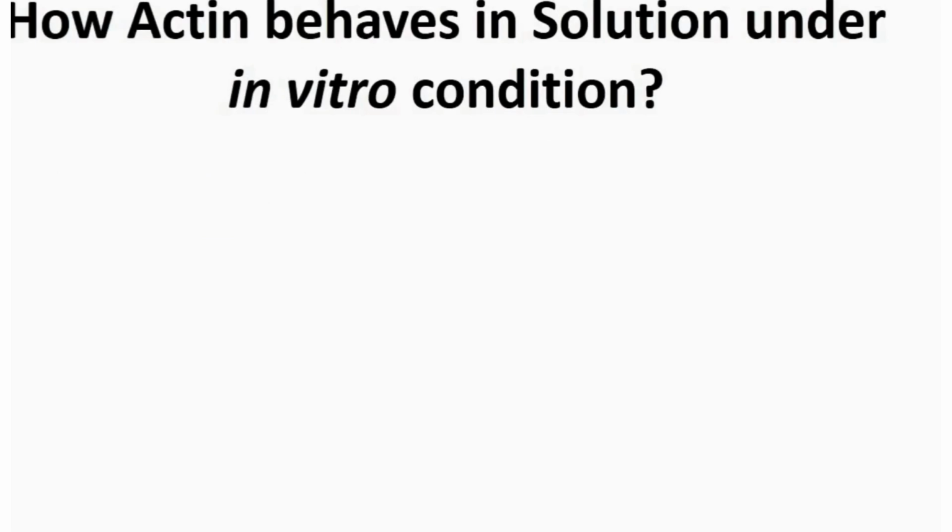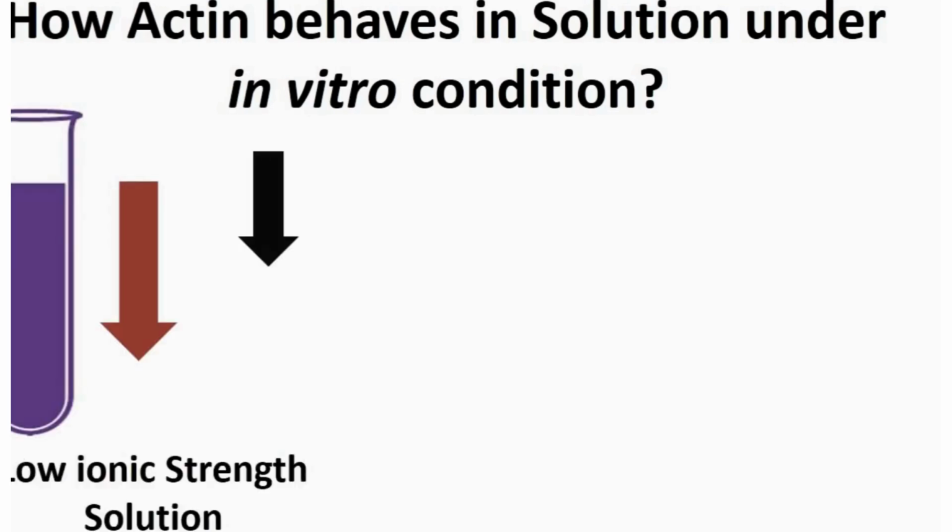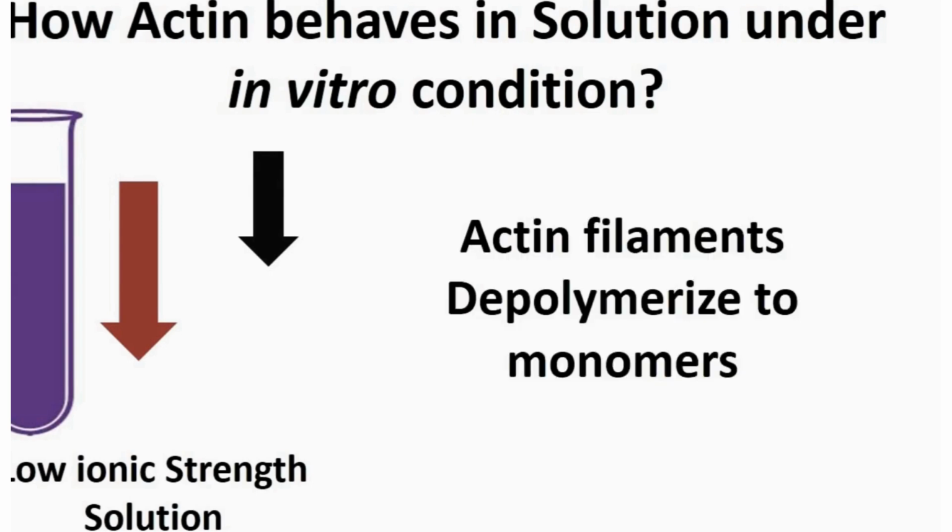It's interesting to focus on how actin behaves in solution under in vitro conditions. Under in vitro conditions, actin filaments will polymerize spontaneously. So, what you do, first you take a low ionic strength solution. In low ionic strength solution, the actin filaments will depolymerize to monomers.